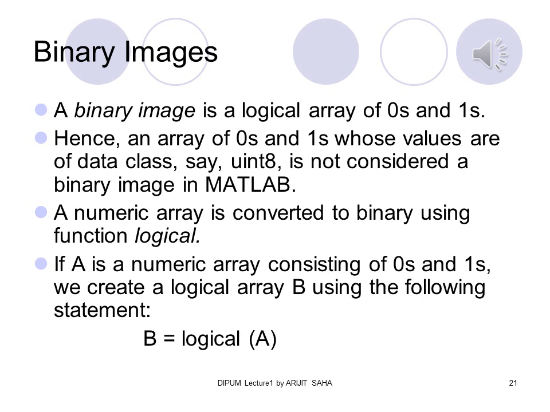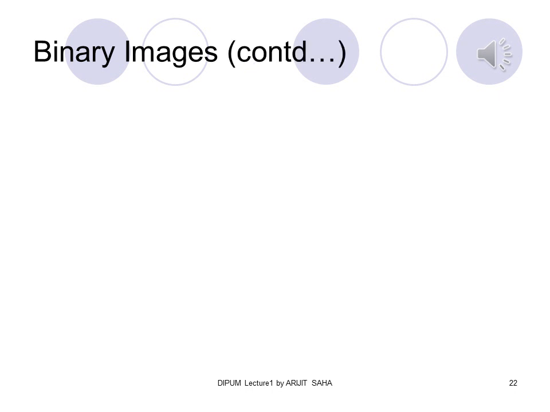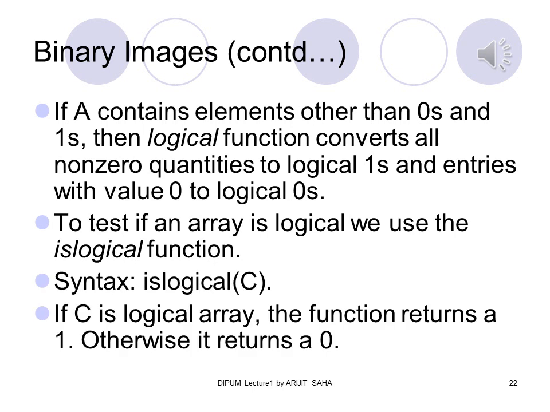If A is a numeric array consisting of zeros and ones, we create a logical array B using the following statement: B = logical(A). If A contains elements other than zeros and ones, then the logical function, as we have already discussed, will convert all the non-zero quantities to logical ones and entries with value 0 to logical zeros.